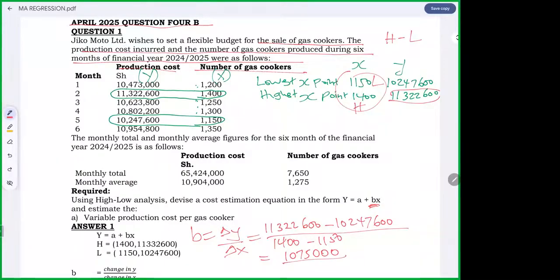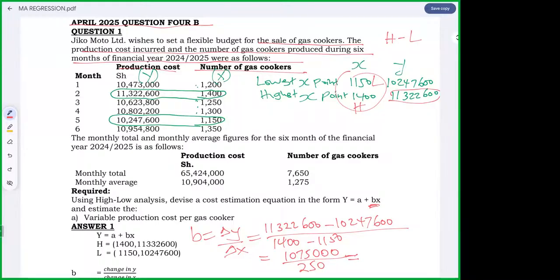How about the change in X? Are you able to give me the change in X, my very good students? 250. And then go ahead and give me the quotient now.